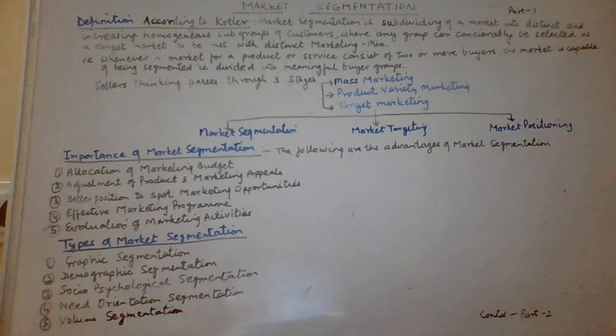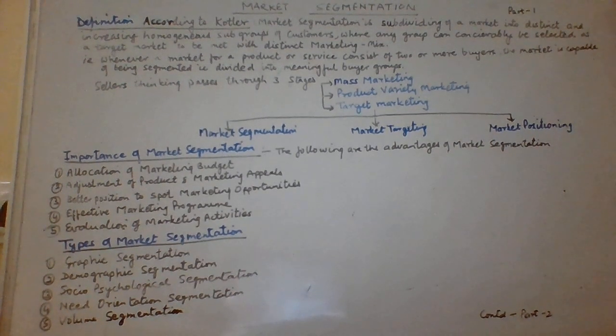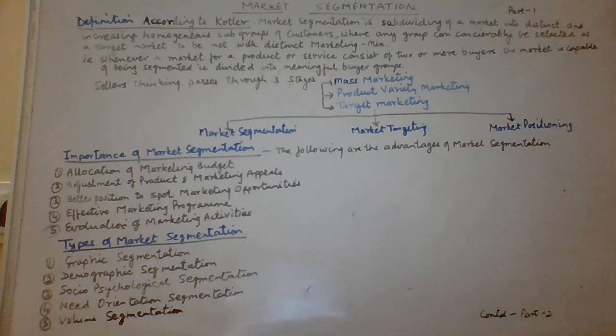Therefore, target marketing calls for three major steps: market segmentation, market targeting, and market positioning. A brief introduction to all three, because I'll be discussing them a little later and they will keep coming up as we proceed with the lecture. Market segmentation is, as I've discussed, dividing a market into distinct groups of buyers who might call for separate products.